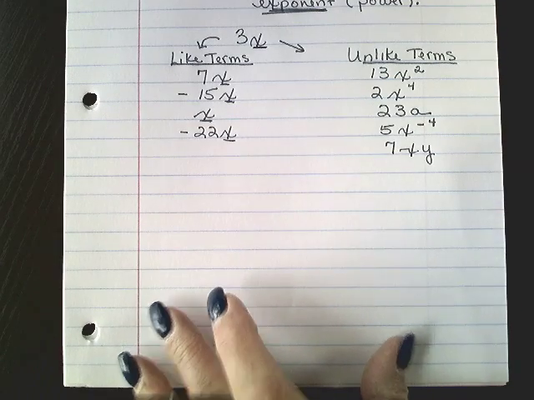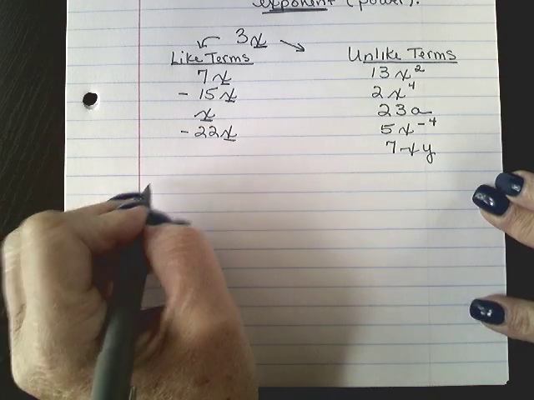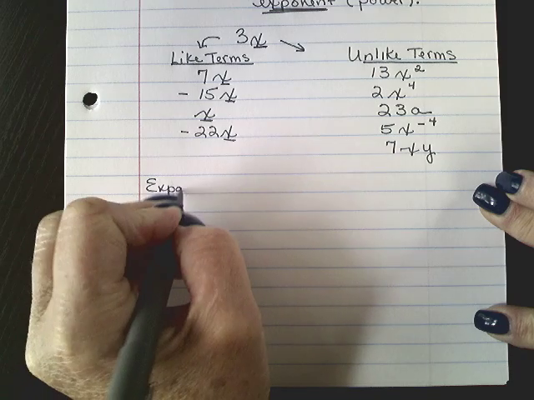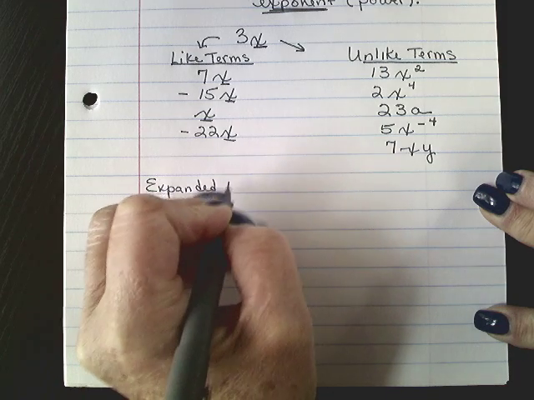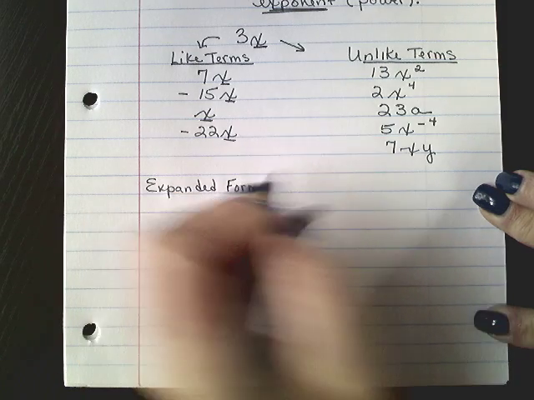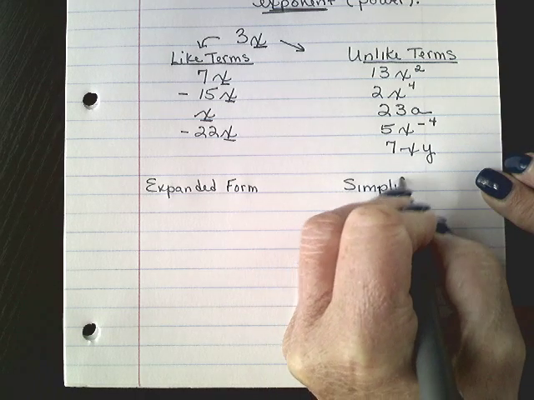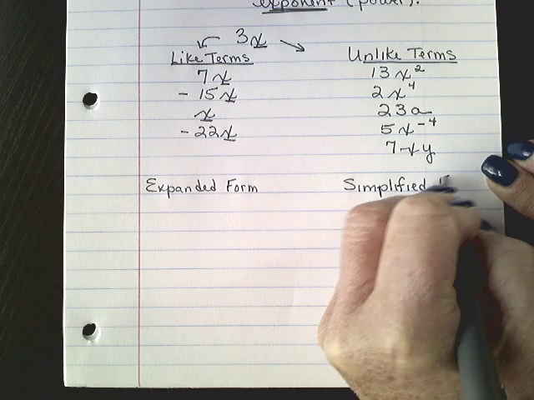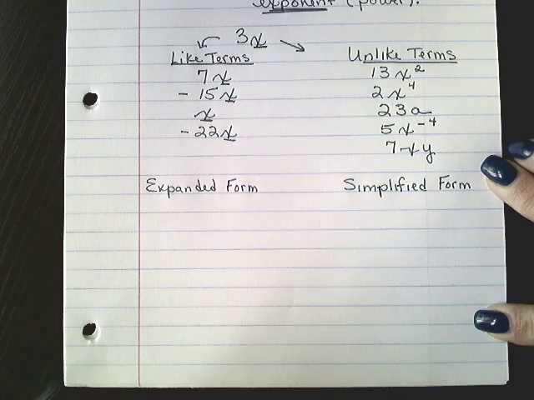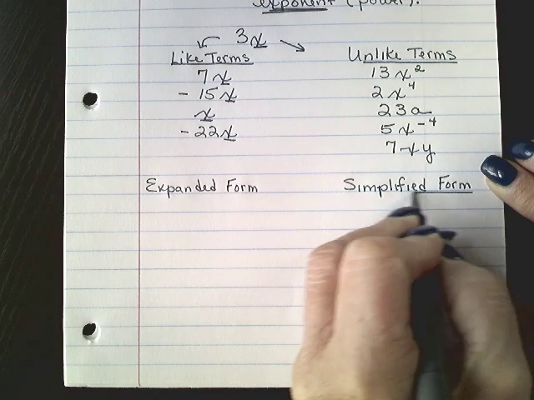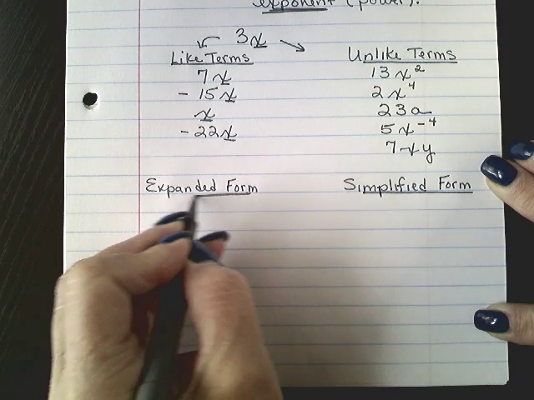All right, so we're going to talk about expanded form versus simplified form. So expanded form is the expression itself. And we are going to simplify by combining like terms.